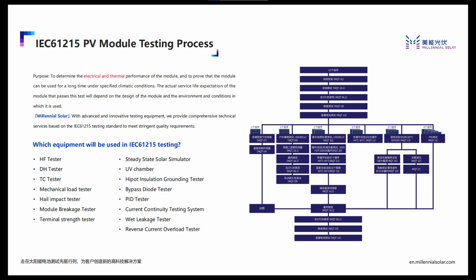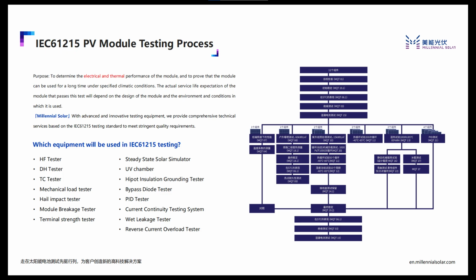The flow chart on the right side shows the IEC 61215 test standard process, and it consists of 6 test sequences, each with a different test procedure, for a total of 22 tests.